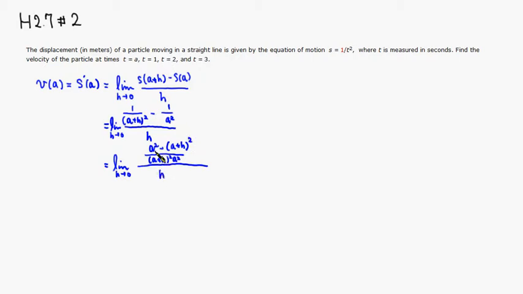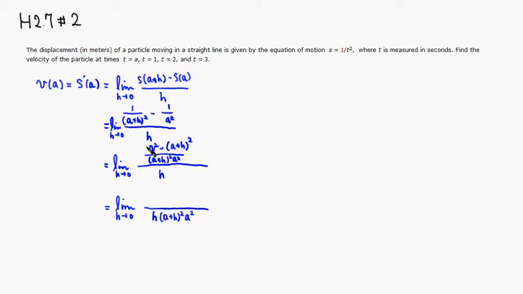Alright, so let's simplify that. We have the limit as h approaches 0. Dividing by h is the same thing as multiplying the denominator by h, so I'm going to write it as h times (a plus h) quantity squared times a squared.